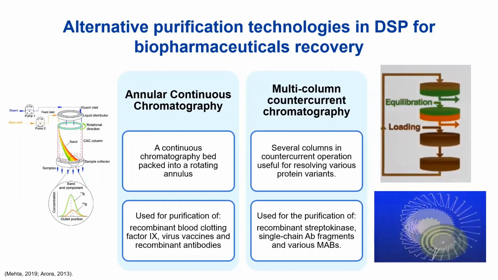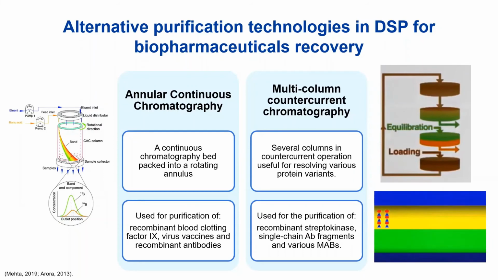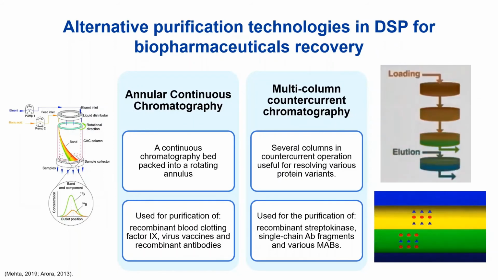The breakthrough is loaded onto the next columns, and the saturated column is washed and eluted as in a batch operation. This one is useful for resolving various protein variants, with high yield and purity of the target product, like is the case of commercially available recombinant streptokinase, single-chain antibody fragments, and various monoclonal antibodies.